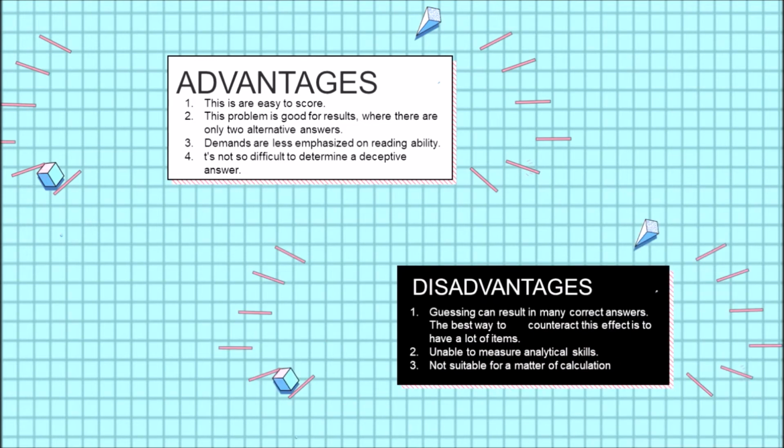The disadvantages: the first is that guessing can result in many correct answers. The best way to counteract guessing is to have a lot of items. The second is that it is unable to measure analytical skill, and the last is that it is not suitable for a matter of calculation.